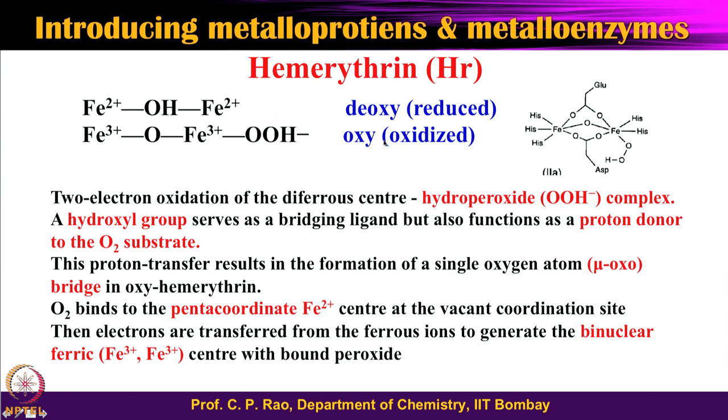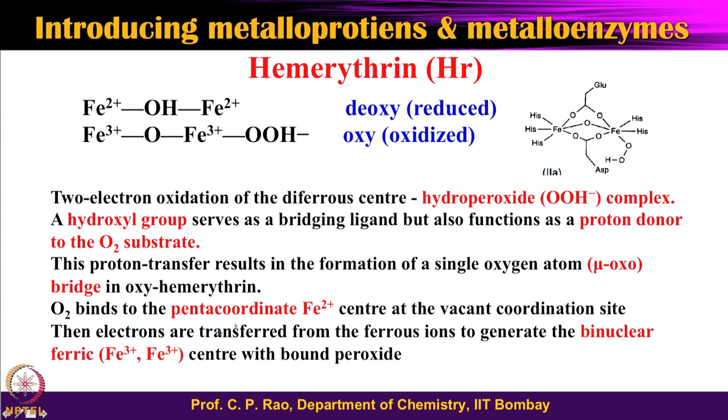So, oxidized. Now, you can see there is a huge difference between the oxy form of hemerythrin and the oxy form of hemoglobin. In the oxy form of hemoglobin, nothing much happens to the oxygen bond order at all, whereas in the hemerythrin the oxygen OO bond order is reduced.